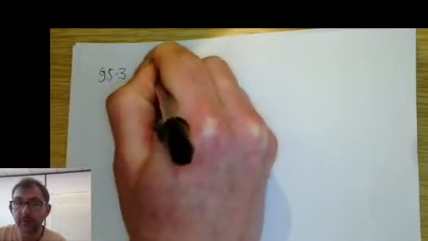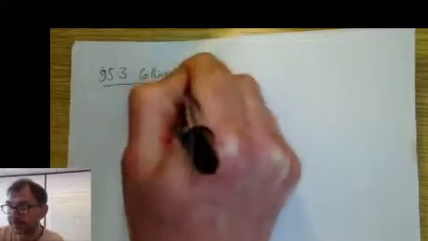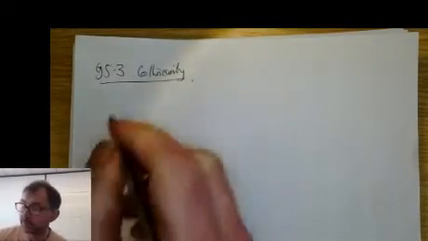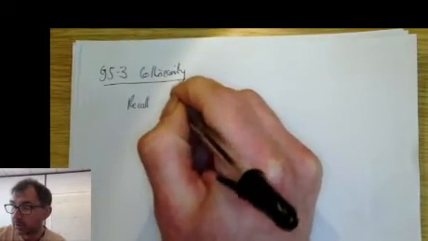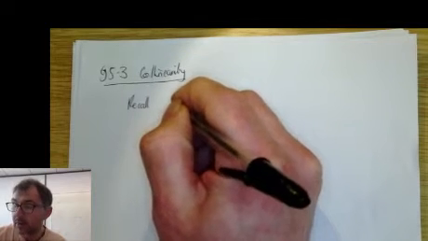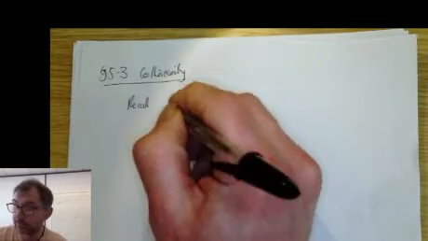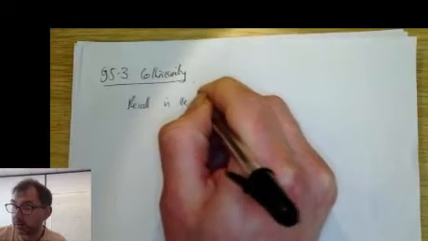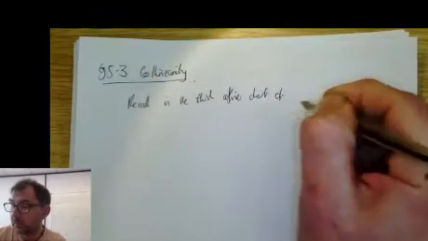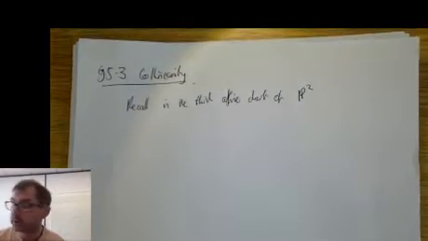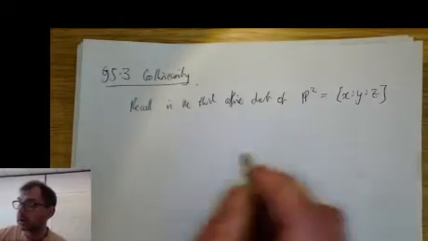So section 5.3, collinearity. So recall that if we are looking at the third affine chart of P2, so P2 of course are given by the homogeneous coordinates x, y, z.